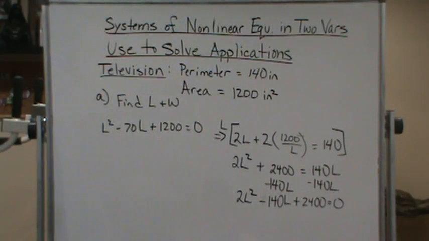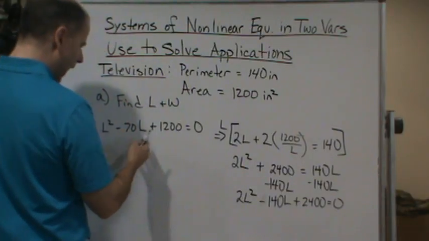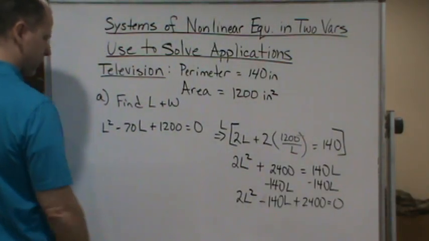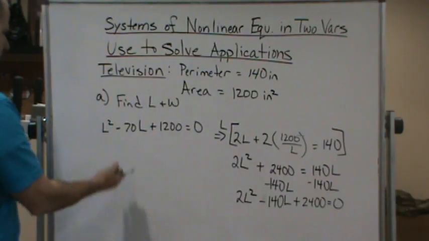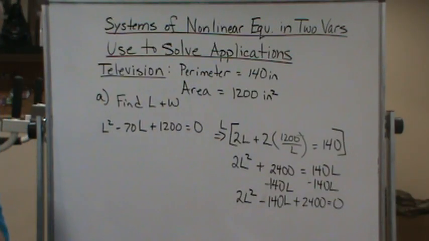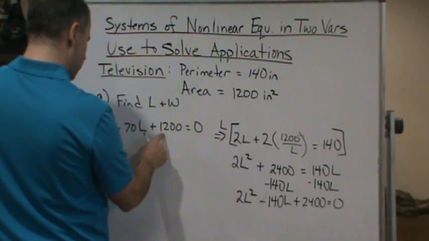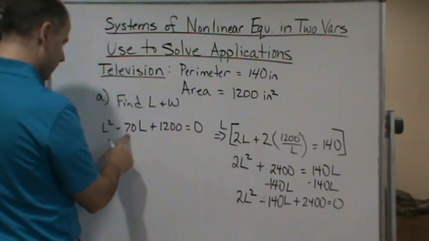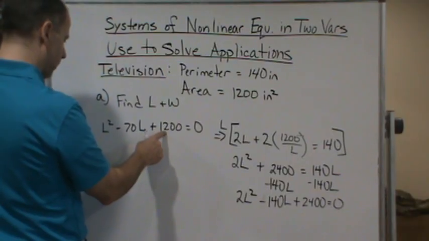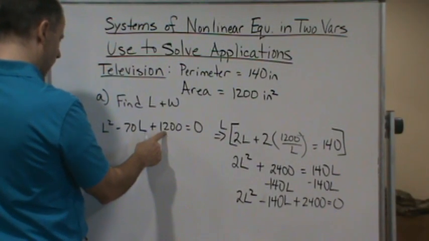Now, here's where you could use the quadratic formula. I don't want to deal with trying to find factors of 1,200 that are going to give me 70. I could find factors of 1,200 that add up to negative 70, which would be two negative numbers.